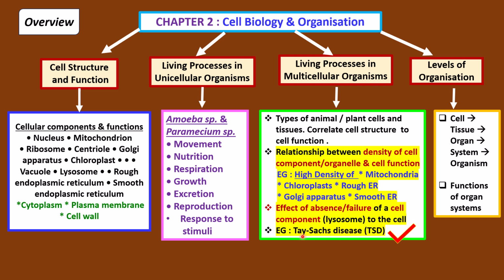And we'll be discussing the Tay-Sachs disease, which is a result of the failure of the lysosome to produce a digestive enzyme, okay? Now the last part is the levels of organization. Okay, cells are organized to form tissues, tissues are organized to form organs, and then systems, and then form the whole organism, and the functions of the organ systems. We'll discuss that in another video, which I have not yet prepared.